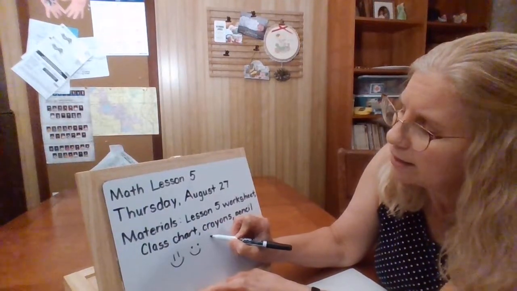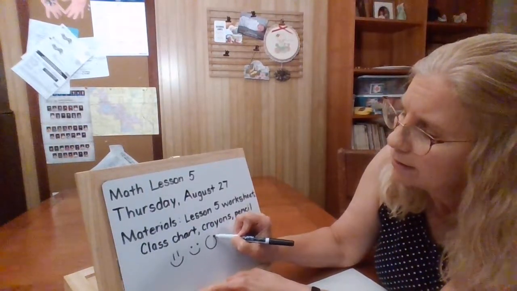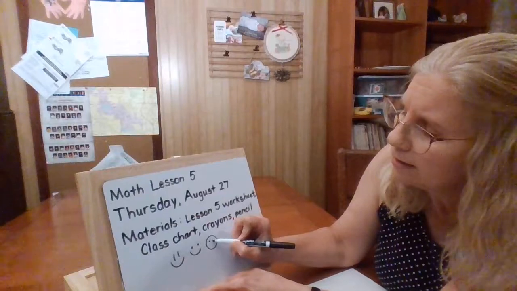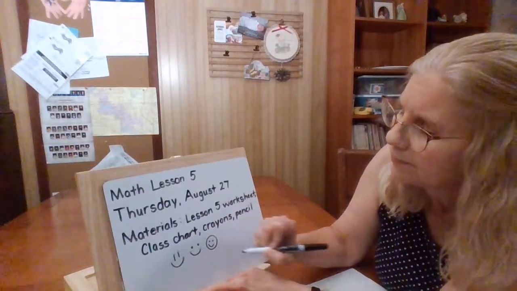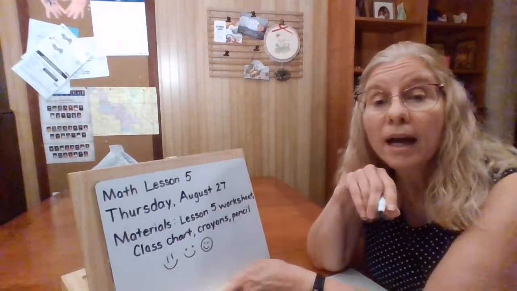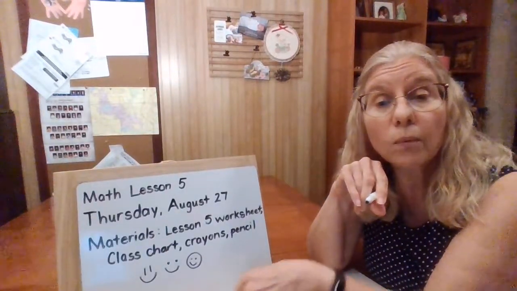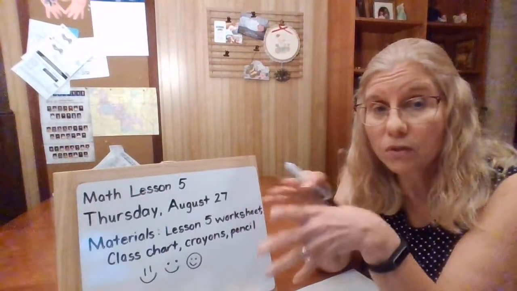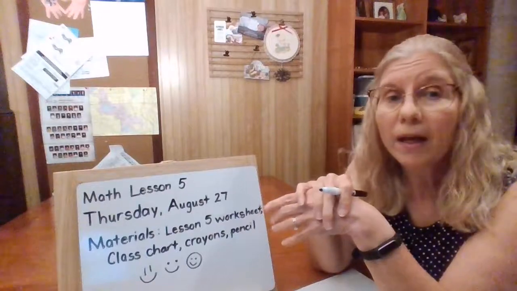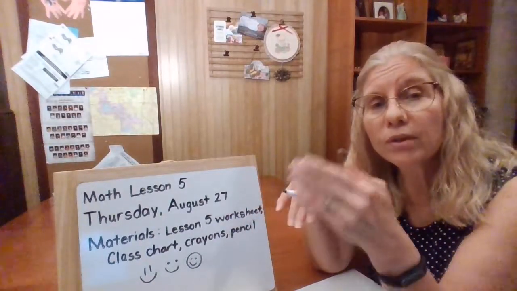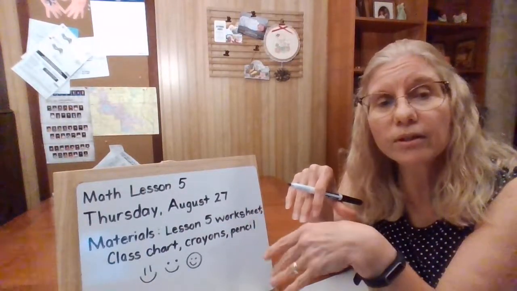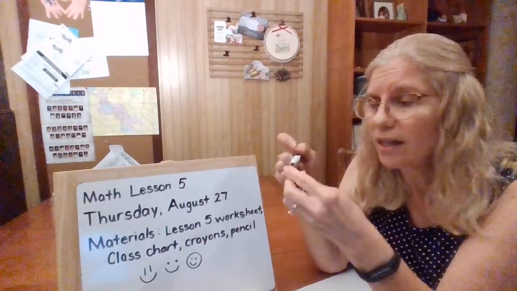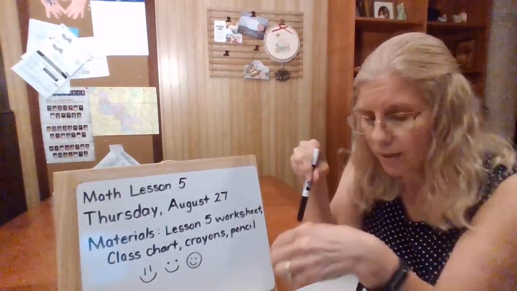You can do the head and then the dot and the smile. You can do it however you like. If you need to pause in between, that's fine. But we'll just go through the list of kids in our class and we'll start with one with the letter A first and we'll just keep it on going.